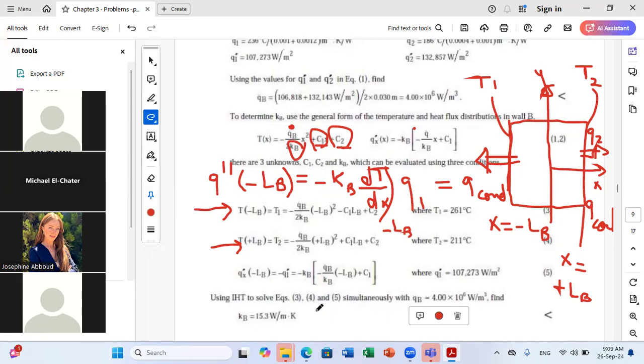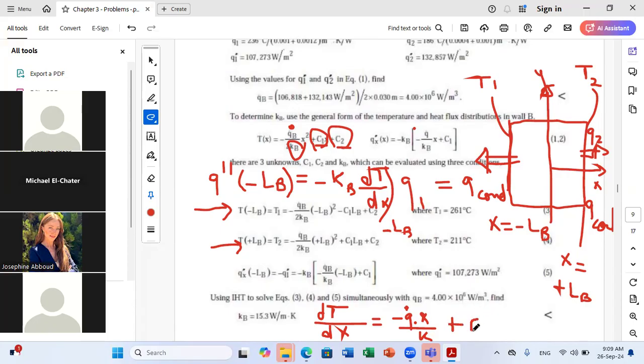So I get that dT by dx is equal to minus Q dot times x over k plus C1.